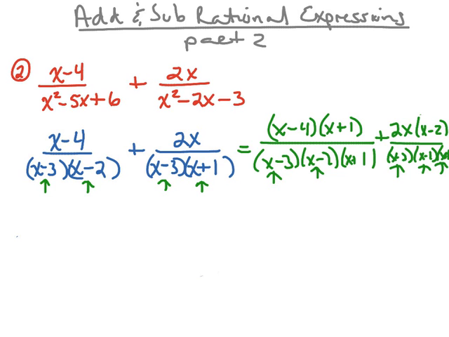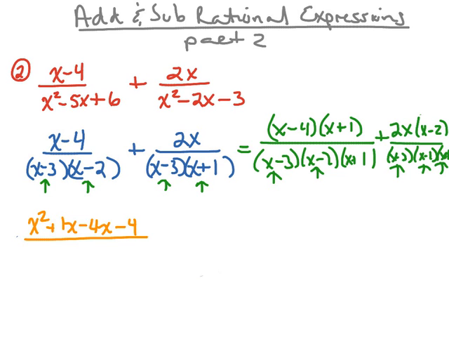So if I go ahead and take this x minus 4 and x plus 1 and do some distributive property or FOIL, I've got x times x, which is x squared, x times 1, which is 1x, negative 4 times x is a negative 4x, and a negative 4 times 1 is negative 4. I'm going to go ahead and simplify here.